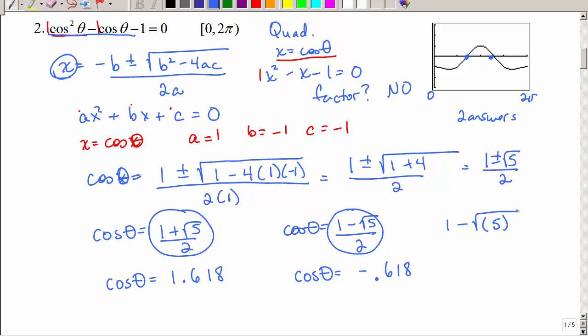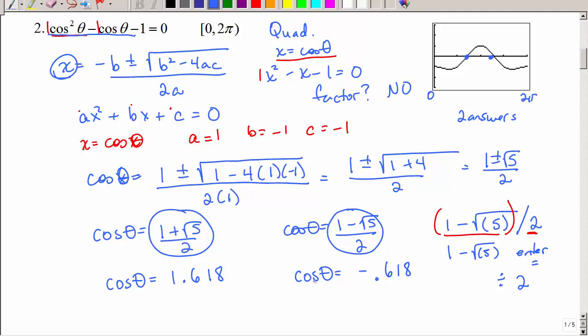You'd have to close that parenthesis, and then if you just punched in divided by 2, that's going to be wrong. You're going to have to put that whole thing in parentheses to say the whole thing is divided by 2. Or 1 minus the square root of 5 and then punch enter or equals and then divide by 2. Just be careful. So that's your calculator lesson.